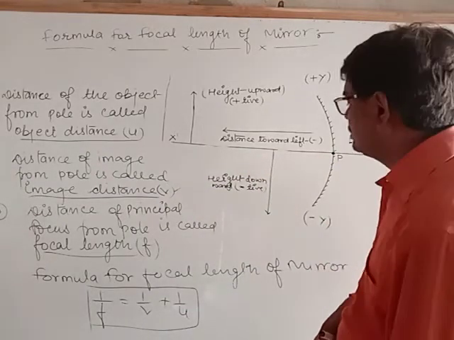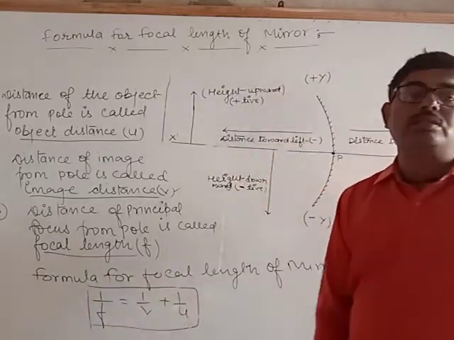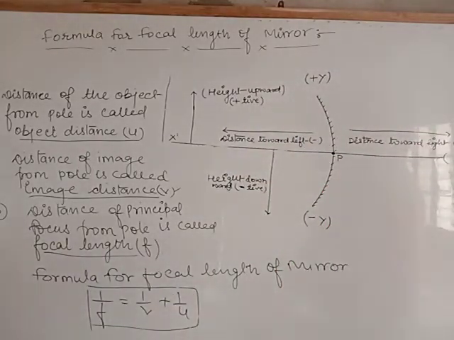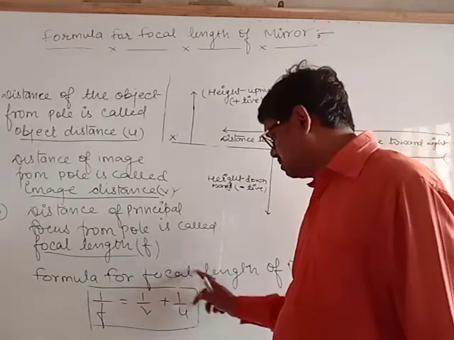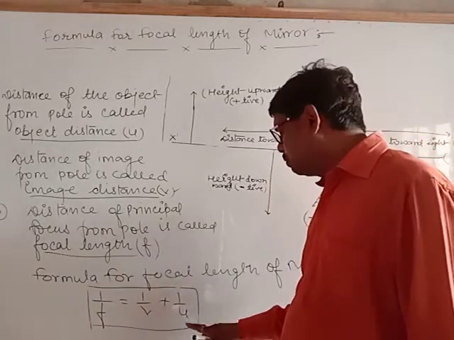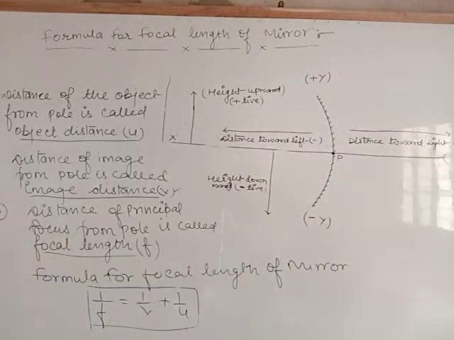It means the value of u is always negative. So when you put in the value of u, it is always negative.